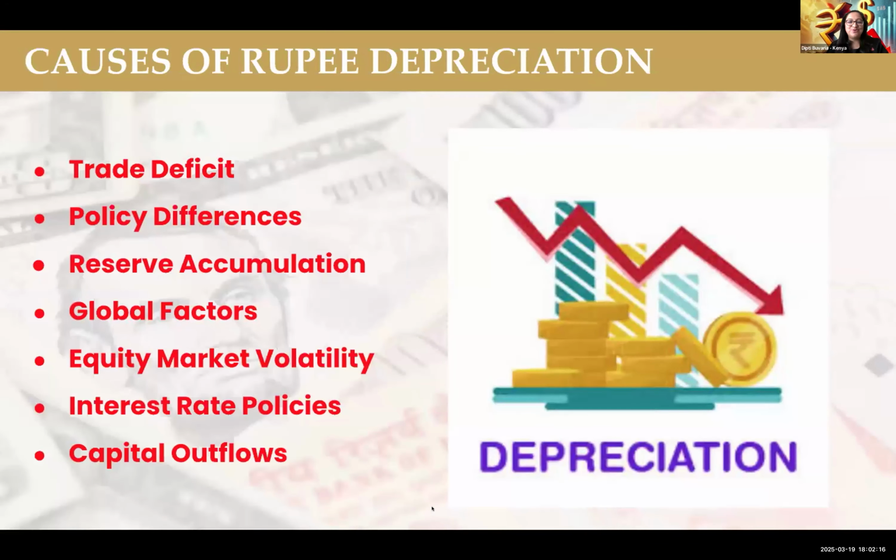Hello, I will take you through causes of rupee depreciation. Trade deficit arises when imports are more than exports, as seen in India. A higher import bill compared to export earnings results in higher demand for foreign currency, leading to this. Monetary policy gaps between US Fed and RBI have strengthened the dollar, driven by Fed optimism and low rates.